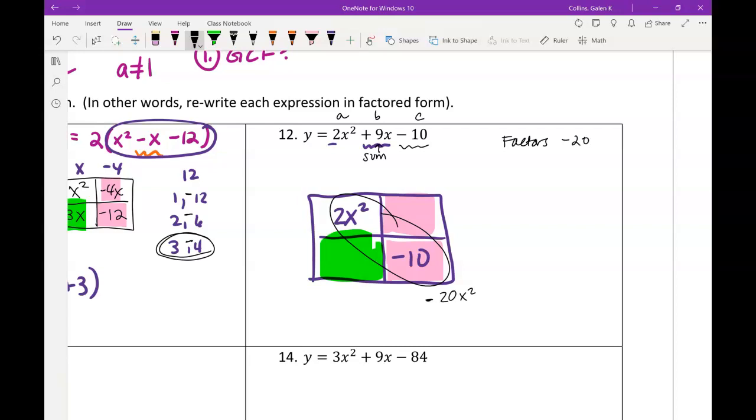So we need numbers that multiply to a times c and have a sum of b. All right, so our factors, we could think negative 1 and 20, but that has a sum of 19. I could think negative 2 and 10, but that has a sum of 8. Let's see, negative 2 and 10 doesn't work.